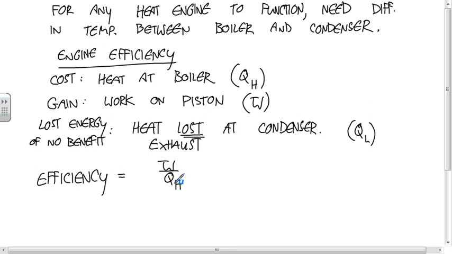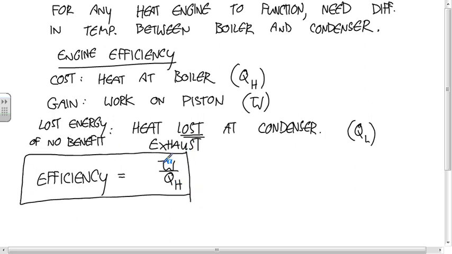Okay, so if you have a really efficient engine, you get close to as much work out as heat you put in. You can't ever get more. If you have a worthless engine, if you had a rock and you wanted to try to use that as a heat engine, you'd get no work no matter how much heat you put in, so you'd have zero efficiency. Well, actually, if you did it with a rock, you would get a little bit of work because of thermal expansion.